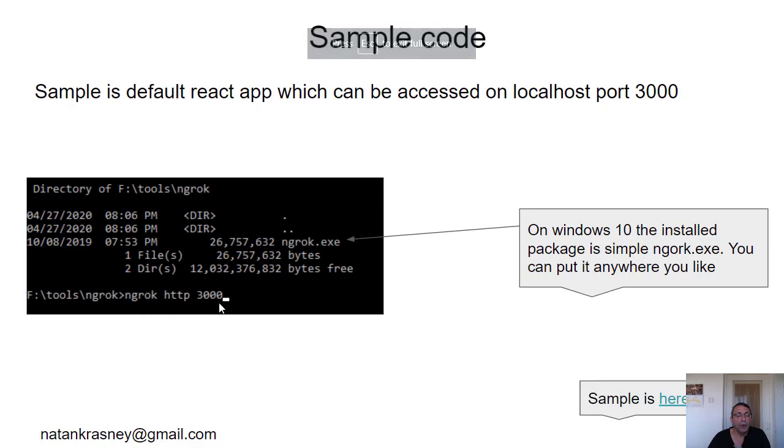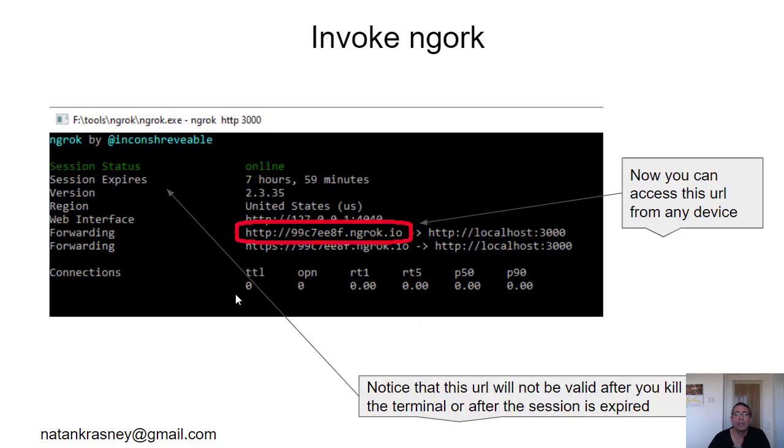And now we invoked it with ngrok http 3000 because our server is listening on port 3000, and we got a link. This is a link I got before, but it is the same concept.